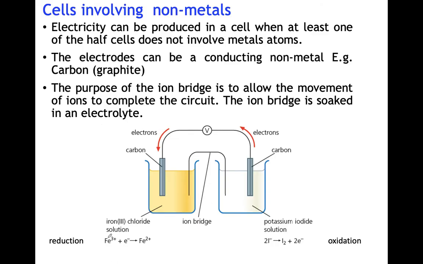So, if we have iron 3 plus, which is lower than iodide ions, electrons will flow from this beaker to our iron beaker. Our iron ions will be reduced to form iron 2 plus ions, and our iodide ions will be oxidised to form iodine.